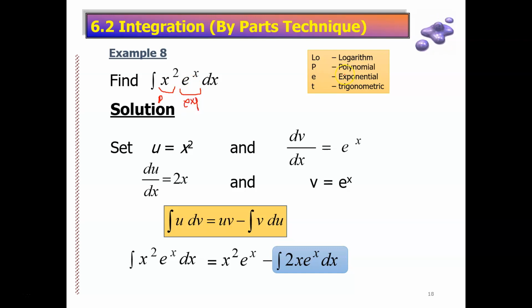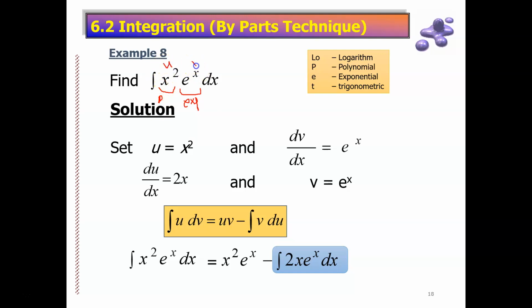So which one? Do we have log over here? No. Do we have polynomial? Yes. So, dia ikut urutan. Kita akan pilih mengikut urutan. We have polynomial and exponential. Of course, kita akan pilih yang polynomial terlebih dahulu as our u. Okay.